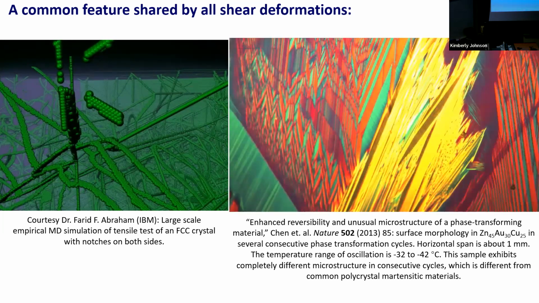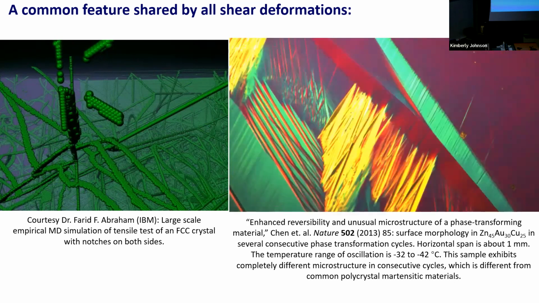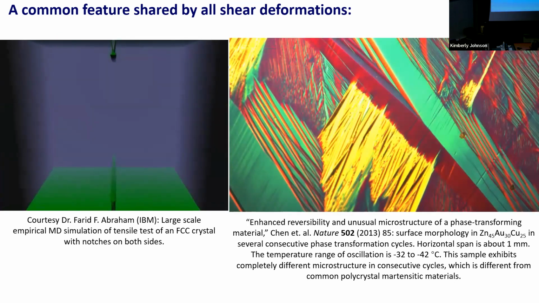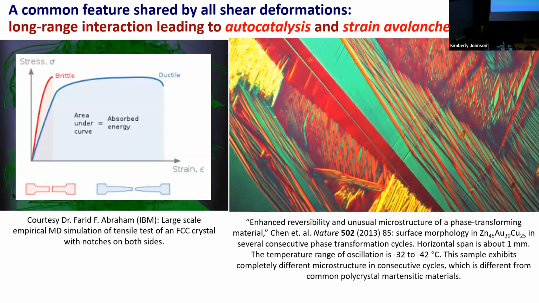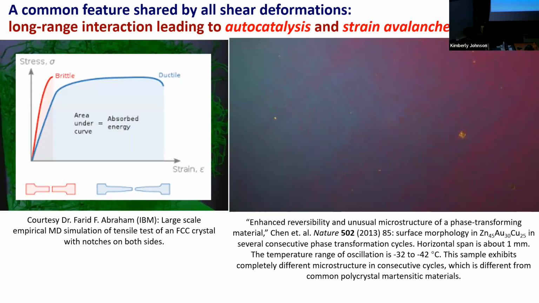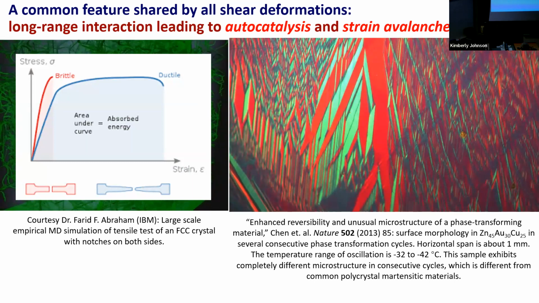So that's the long-range elastic interaction, which leads to strain avalanche. So that's the common feature we have here. And so long-range interaction is autocatalysis, which gives you the strain avalanche.